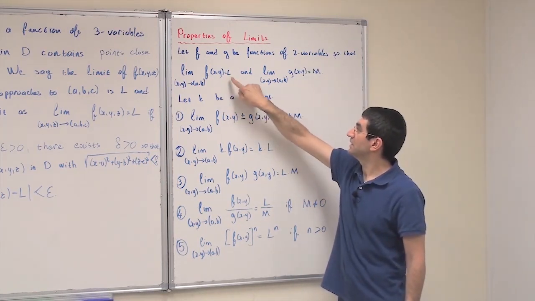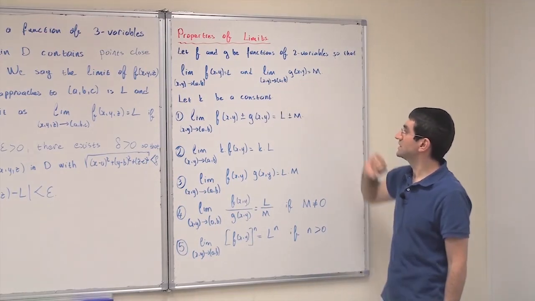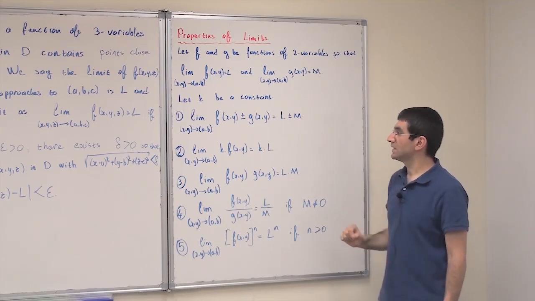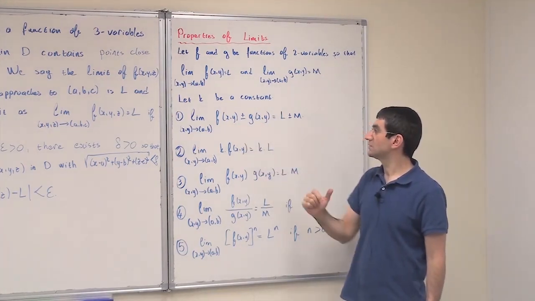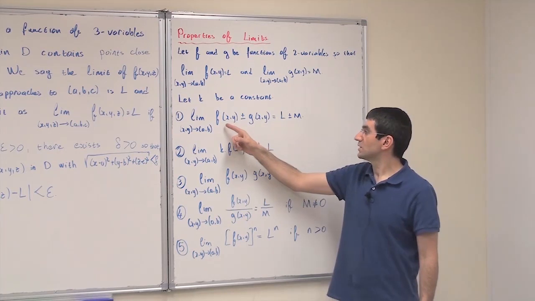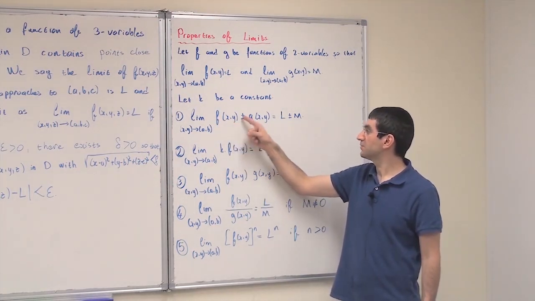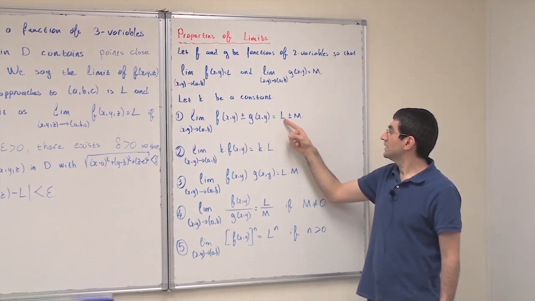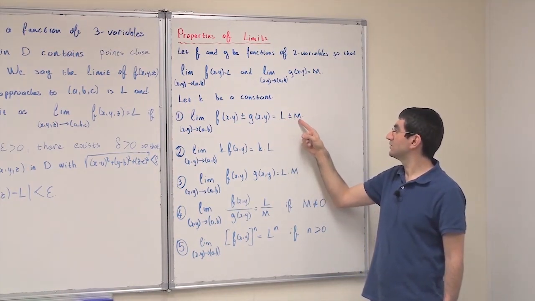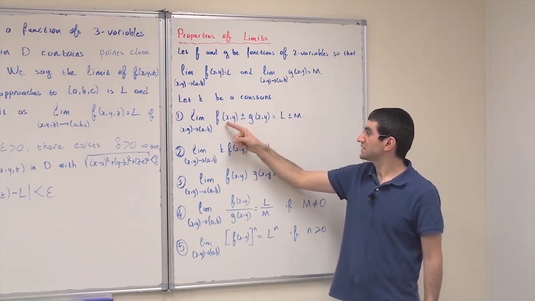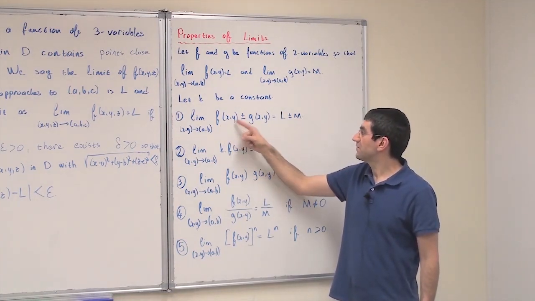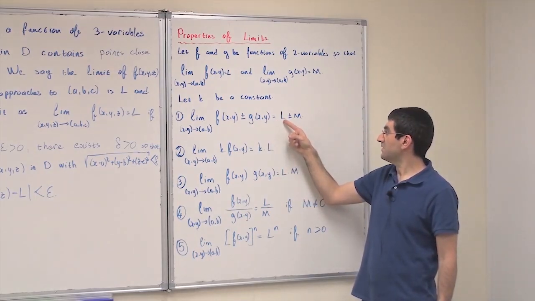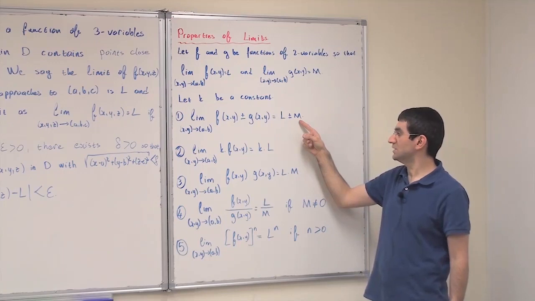The limit of f is L and the limit of g is M, we also take a constant k. Now, our first rule is about the sum and difference of two functions. So if we have limit of f plus g, then it is equal to limit of f plus limit of g. If we have difference, limit of f minus g, it is equal to limit of f minus limit of g.